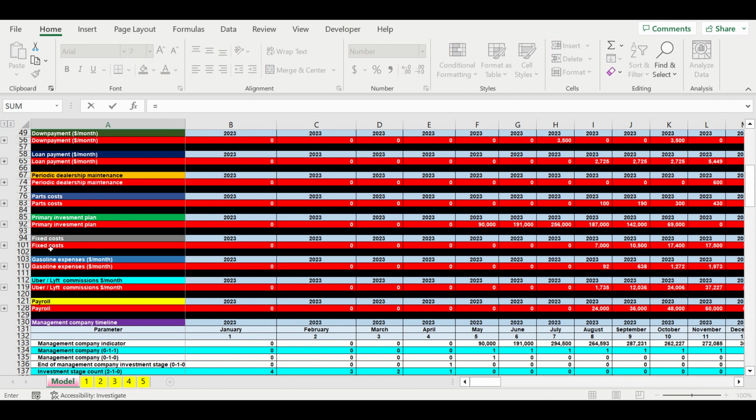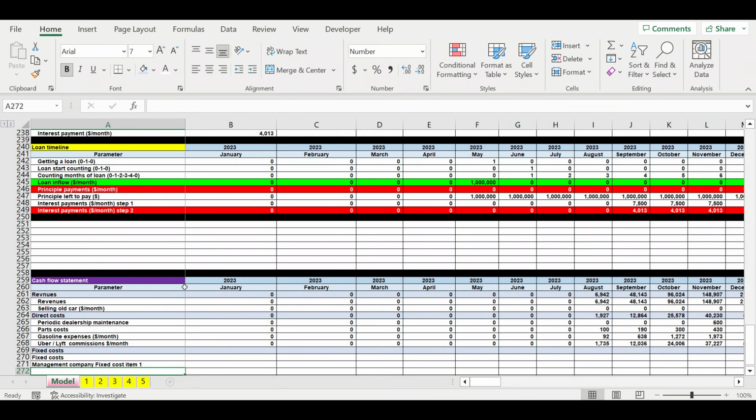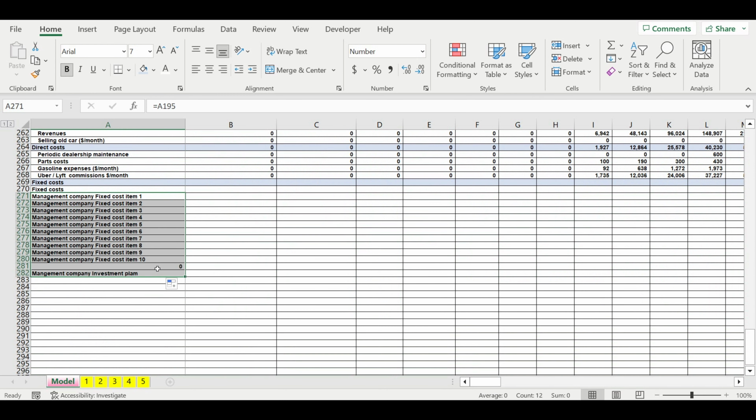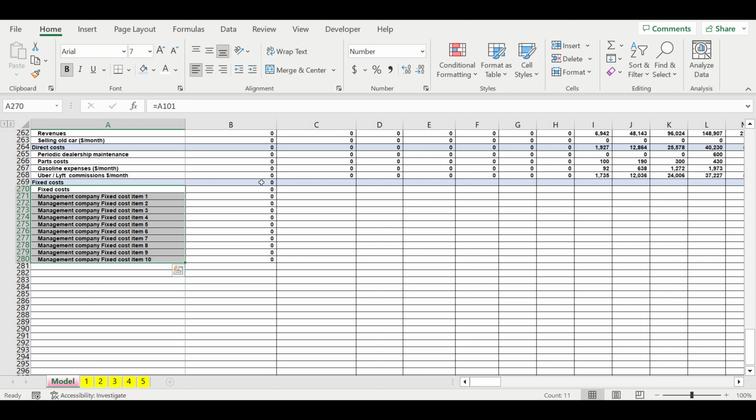The first part is fixed costs linked to the cars, and the second part is the management company fixed costs. Now let's extrapolate it.